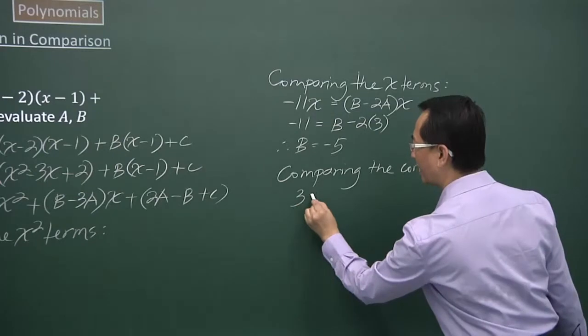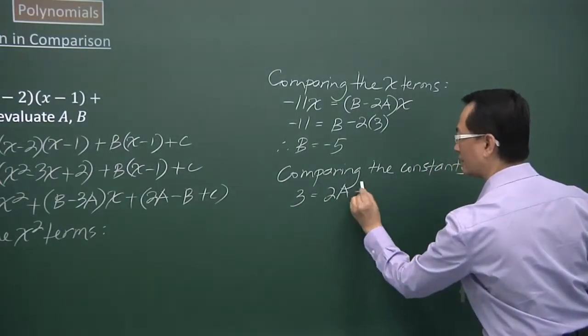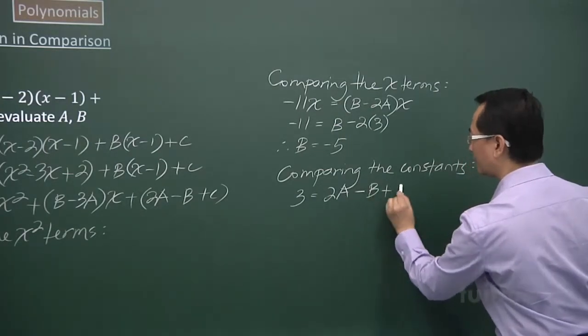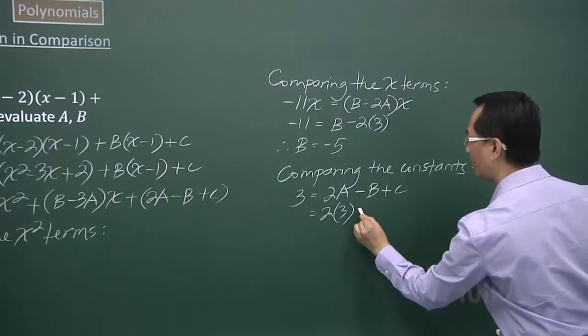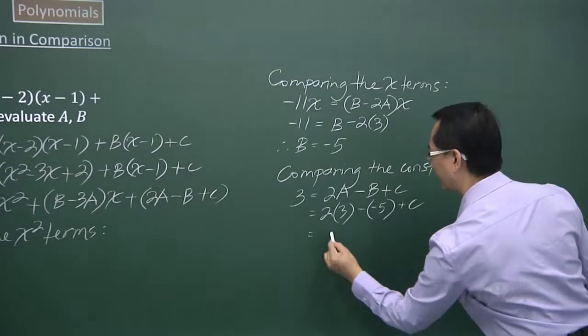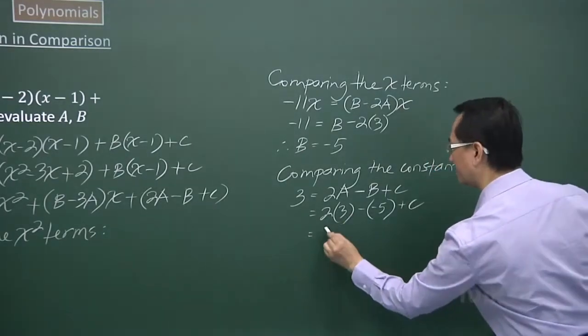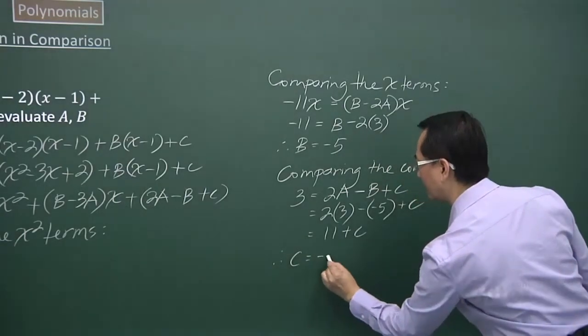On the left hand side I have a 3, on the right hand side I have 2a minus b plus c. The a value is 3 and b value is negative 5. Therefore, the c value is negative 8.